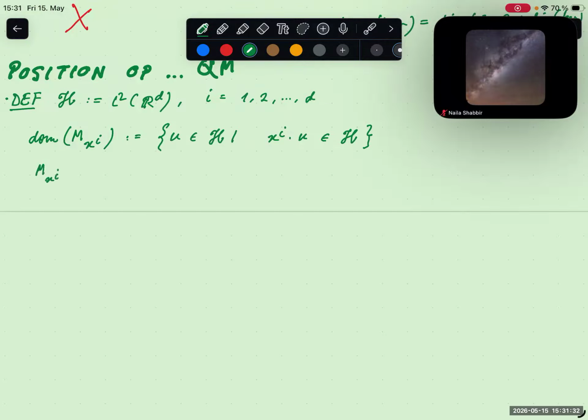And now how the operator is defined. So this is the multiplication operator defined from domain of x_i to H. You take a u and it maps to M_{x_i} u equals to x_i dot u.